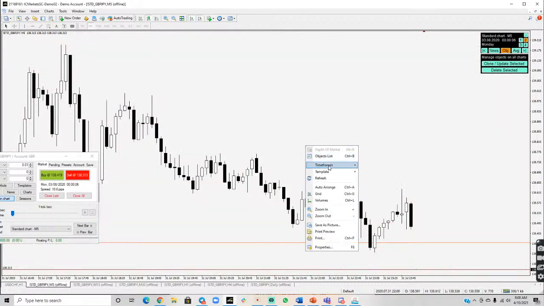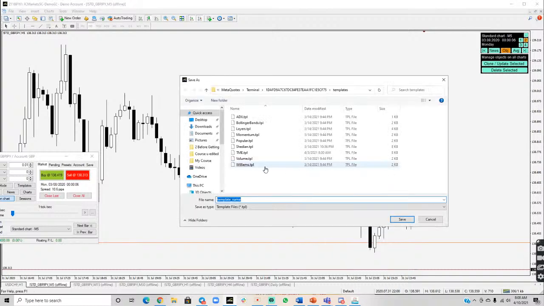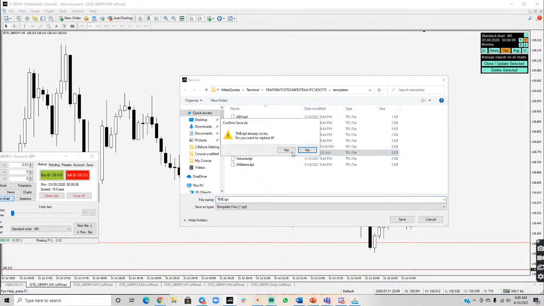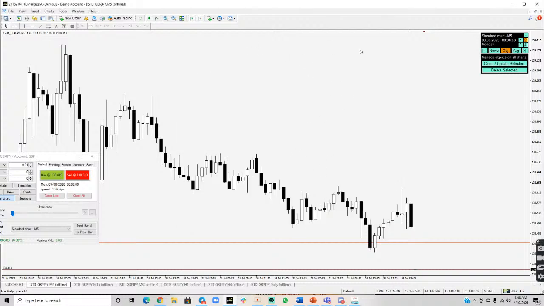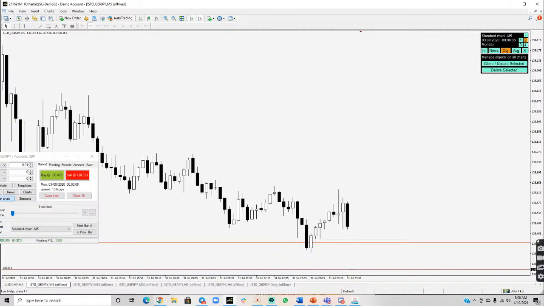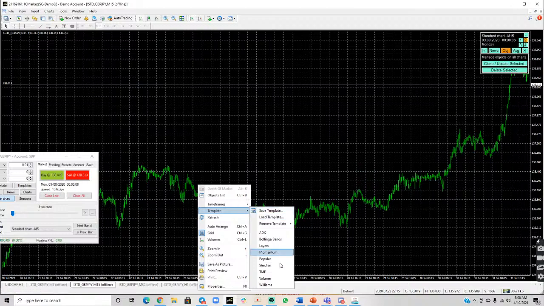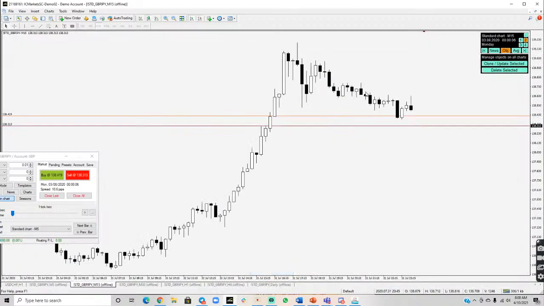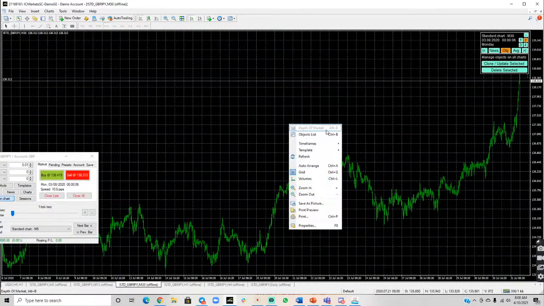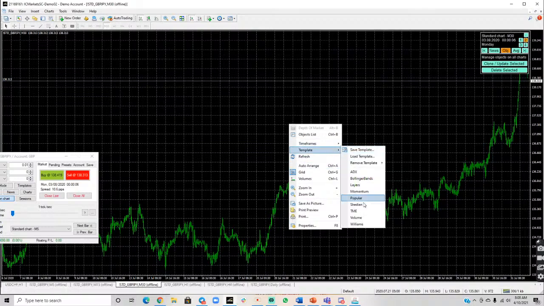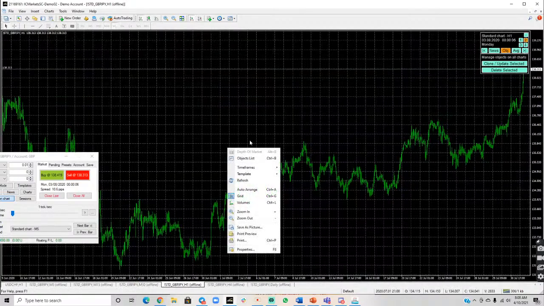Remove grid. What I'm doing now is just making changes to the template, because this is what I use. I'm making changes to the background, the color of the candles and stuff like that, so that it can be more attractive.